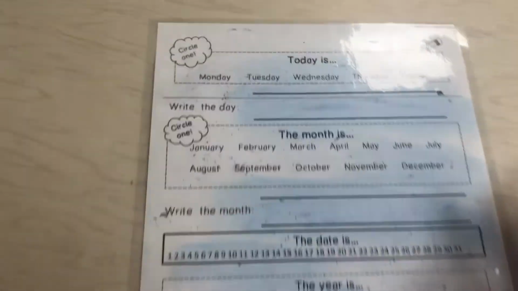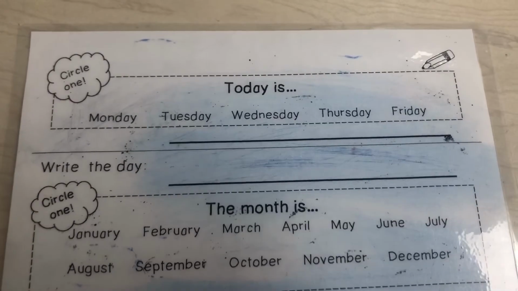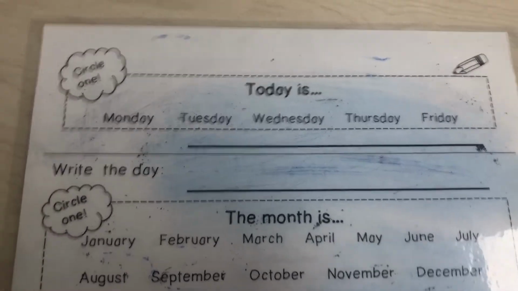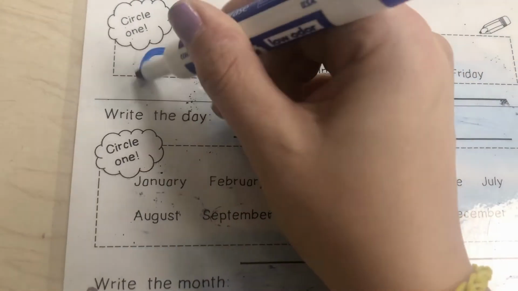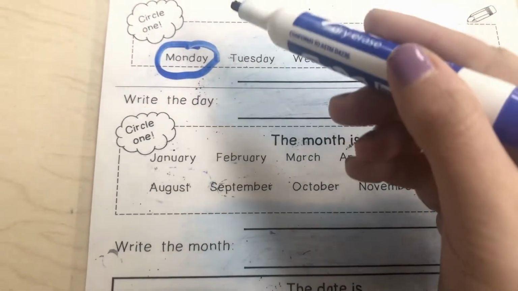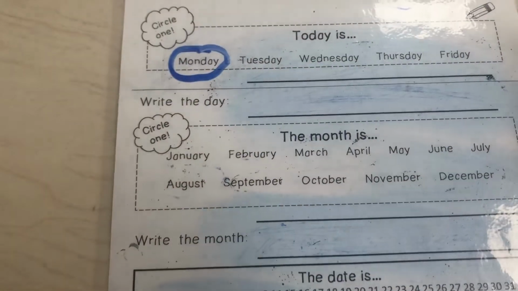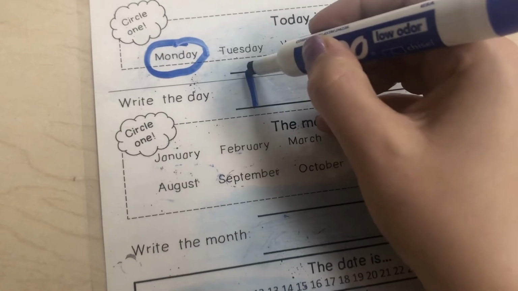So we start off with, we say, today is, and if you already talked about it at calendar, your child will know. But we'll just start with Monday for this one. So we'll say Monday, and you have them circle it, or you can circle it, or you can help them hand over hand circle Monday. And then you're going to write Monday.